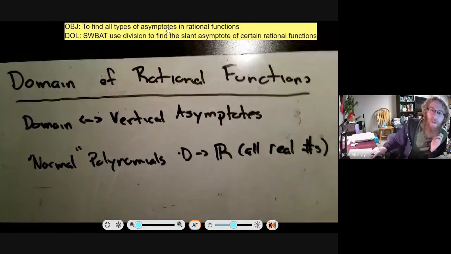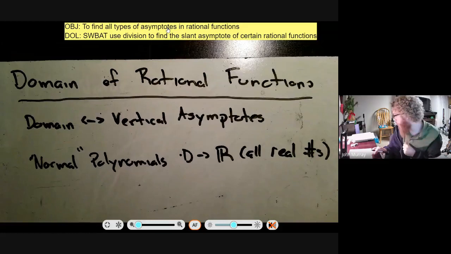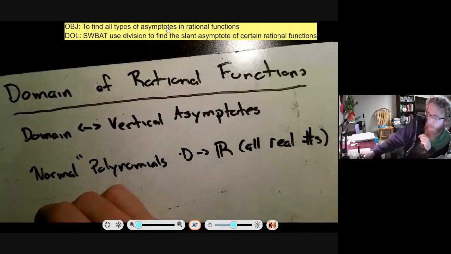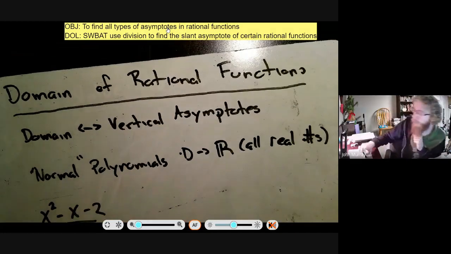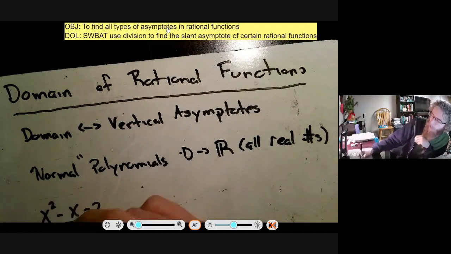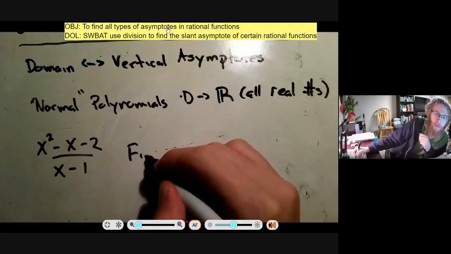With rational functions, we have a few exceptions where our asymptotes are. So with our example before, I'll just pick the last one, x minus 1. You may be asked to find the domain.